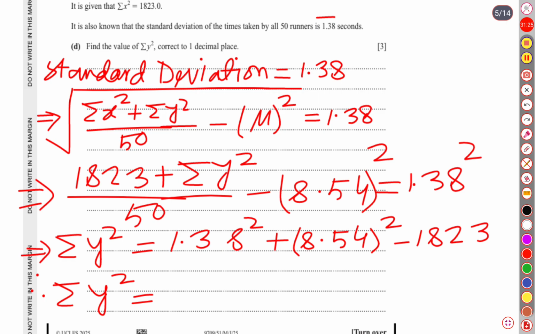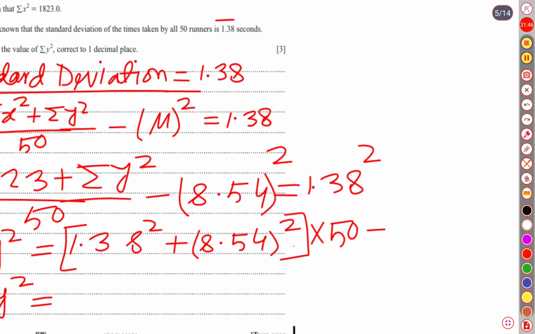1.38. No, we skipped something. We didn't count this 50. So 50 should be multiplied here. If we multiply by 50, then we will subtract 1823.